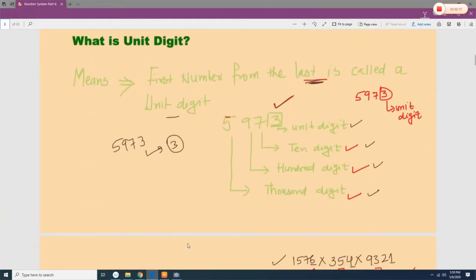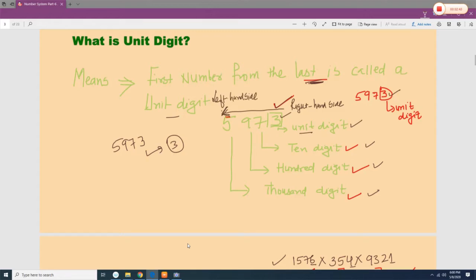What is the unit digit? As I mentioned, the unit digit means the digit which comes at the last. So let's say 3 is at the last, then it is the unit digit. You have to read the number from the right hand side to the left hand side.